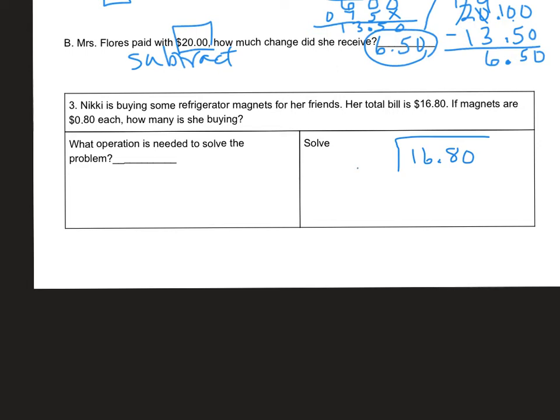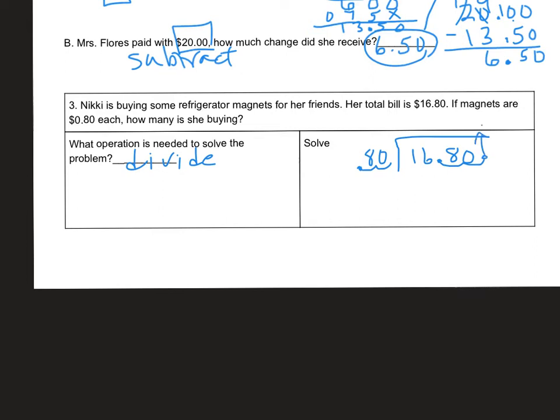So I'm undoing that, and I am going to divide by 0.80, which is equivalent to 80 cents. So again, I remember in my rules, I need to definitely make my divisor a whole number, and however many places I move on the outside, I got to move inside.